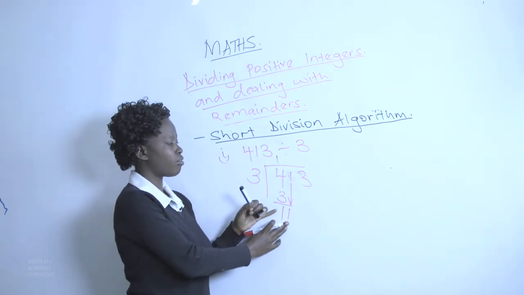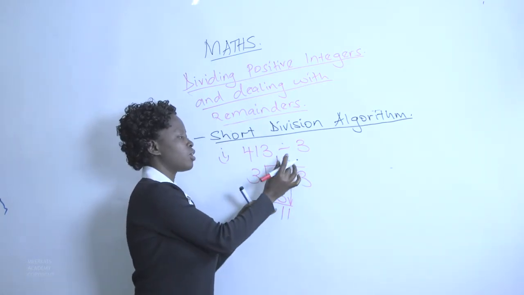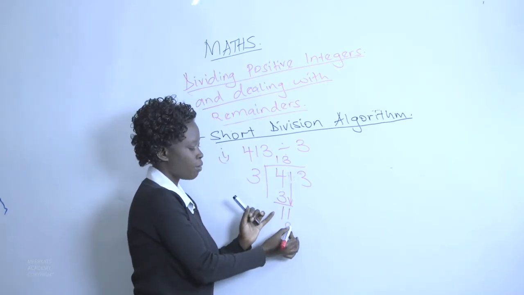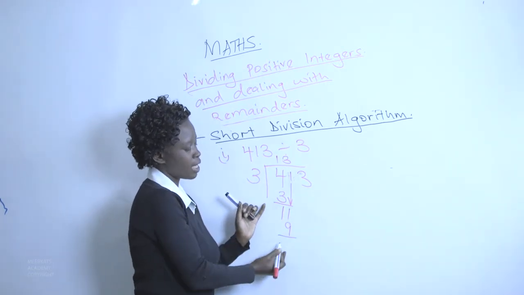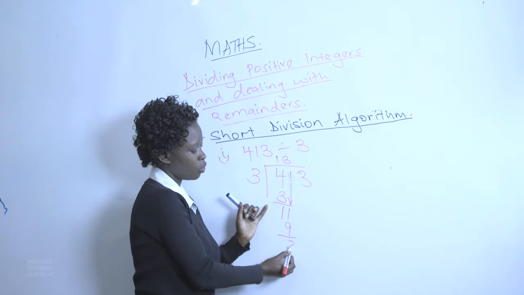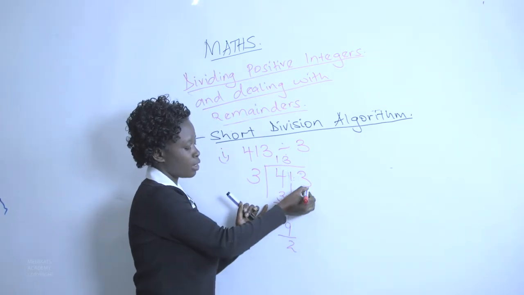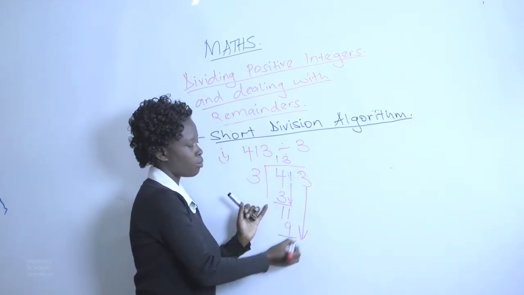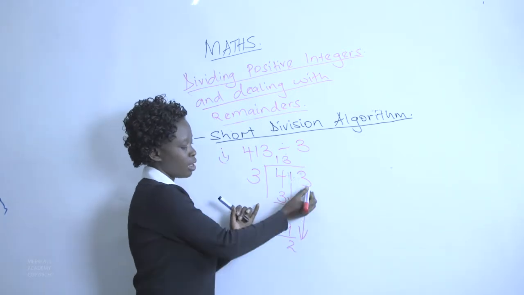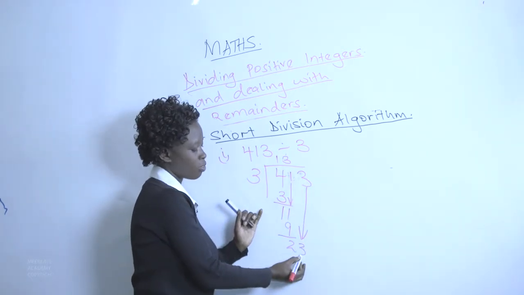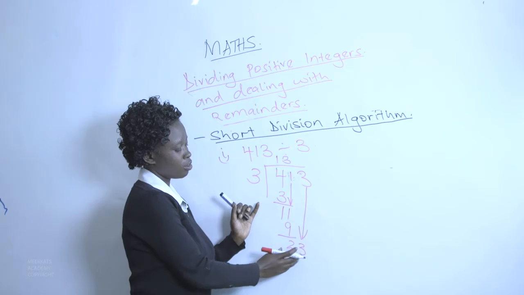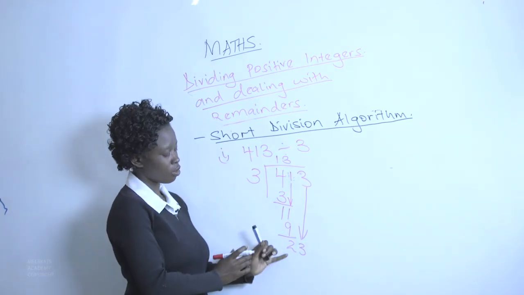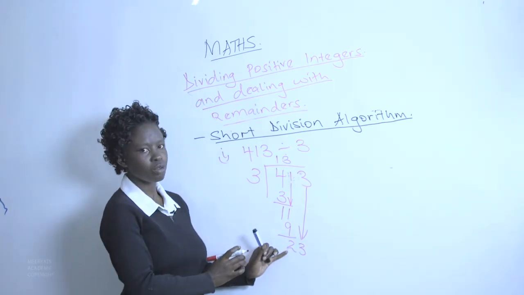3 into 11, that is 3. 3 times 3 gives us 9. 11 minus 9, we get 2. So this remainder we bring onto the remaining digit, and the remaining digit we have is 3. So when the remaining digit is brought to the remainder, which is our 2, it forms the number 23.